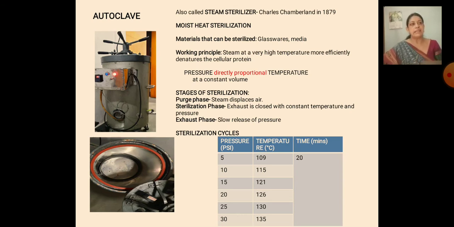Once the sterilization is done for 20 minutes, there is an exhaust phase where there is a slow release of the pressure, and when the pressure is released, the temperature ultimately drops. Then we open the autoclave and take out all the samples. Do not open the paper or the aluminium foil; just keep it in the air or in a dry hot air oven to dry those substances. And whenever we use it, at that time you can open the wrapping.